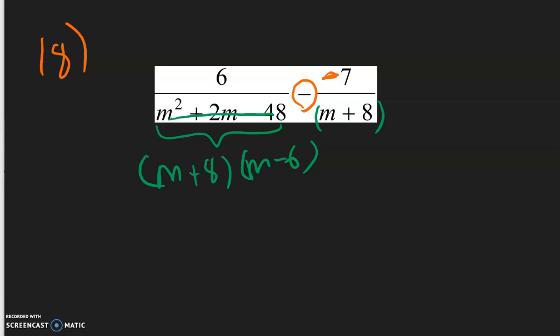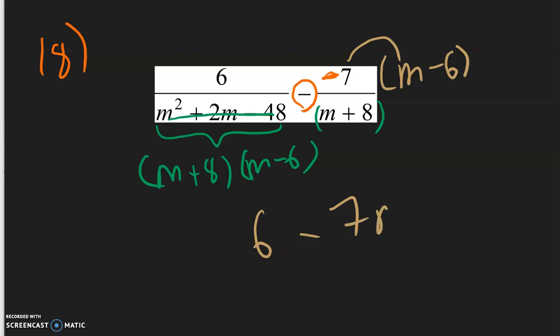To get the same denominator, the second fraction simply needs the m minus 6. It already has the m plus 8, but it does not have the m minus 6. So I'm going to multiply this by m minus 6. Now, bring down the 6. Negative 7 times m is negative 7m. Negative 7 times negative 6 is positive 42.